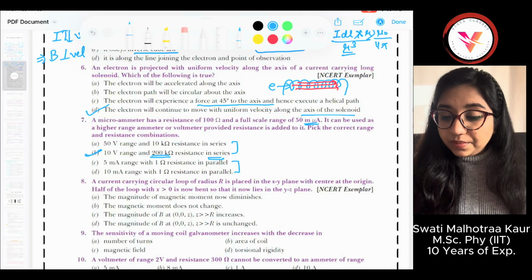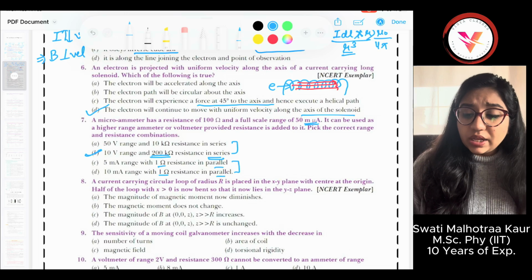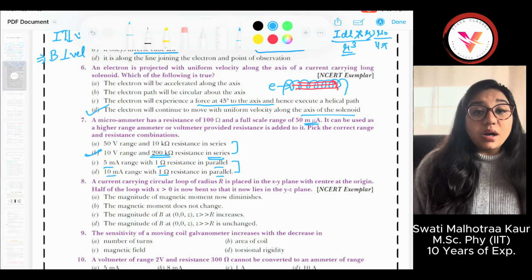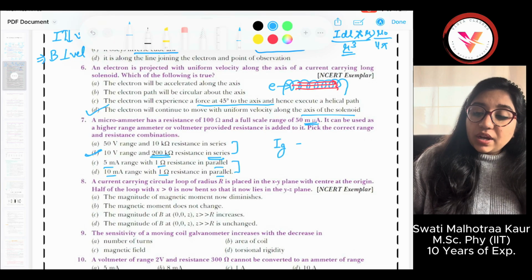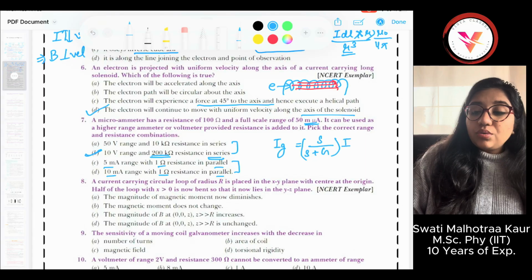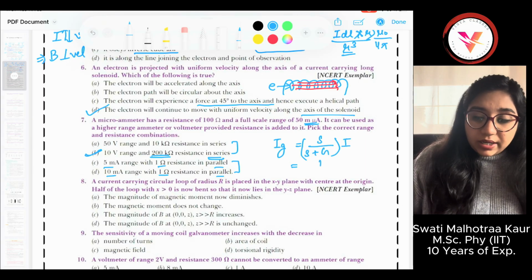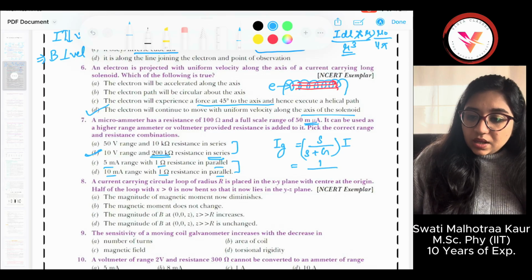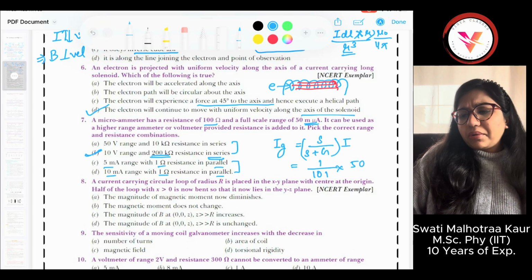This is a high value in series, so this should be for the voltmeter. And for the ammeter, it should be a higher range. It's parallel, so we can check the current range using the formula Ig equals S, shunt resistance, divided by shunt plus galvanometer resistance, into the full current. So take S as 1, and G is 100 ohm, that is 101, and the current is 50 microampere.